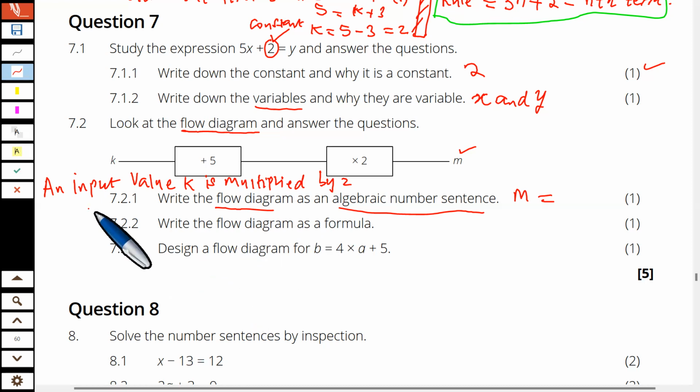So now I want you to analyze that here an input value is multiplied by 2, and then 5 is added to produce an outcome value of M. Right. So in other words, M can be seen as exactly 2K plus 5. So obviously this flow diagram is understood to move like this. So in other words, you're dealing with the input and then the output.